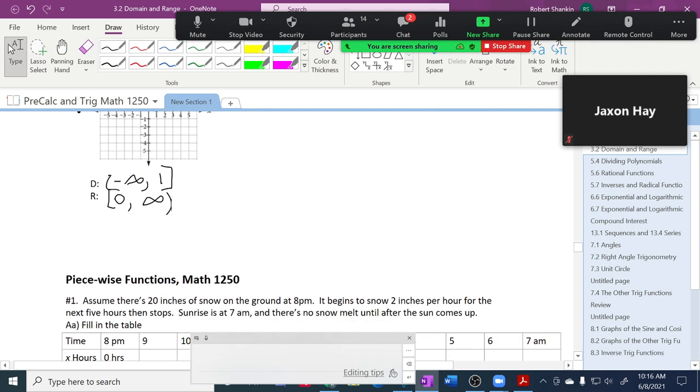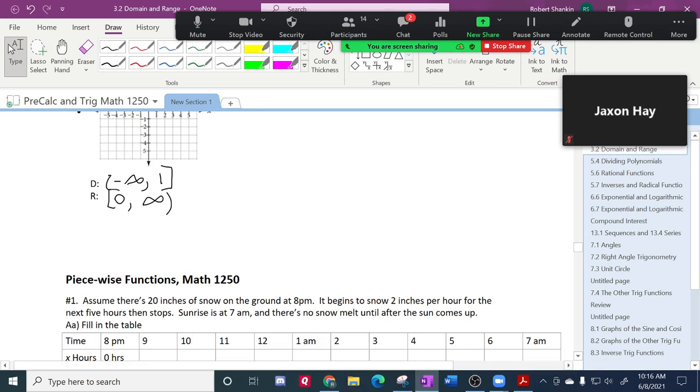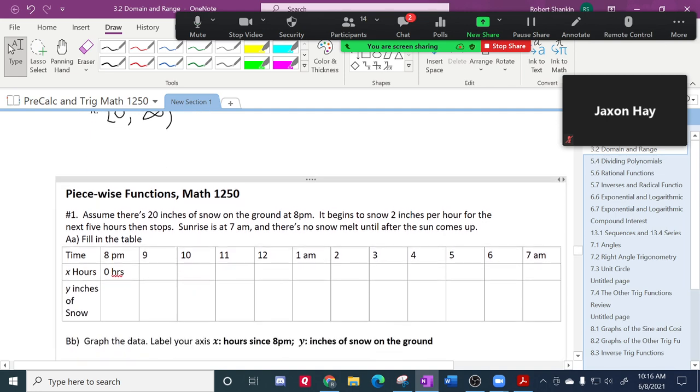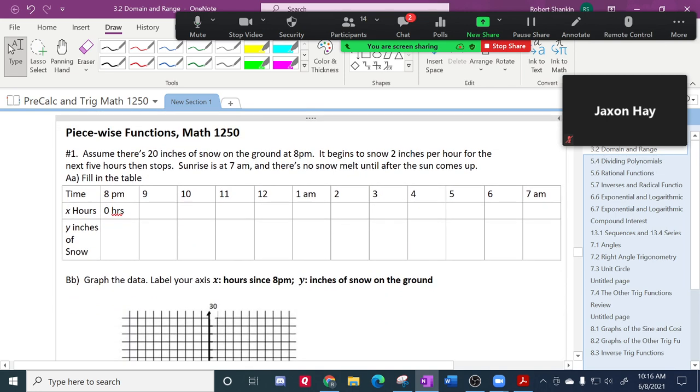All right, so we're done with domain and range. Now let's go to this next part, piecewise functions. And we have a situation to start with. I'm going to put you into groups, but I'm going to have you work on this individually for a little bit first before you go into your group.